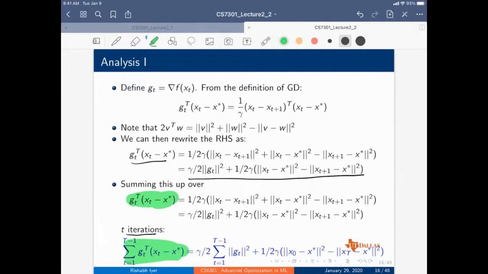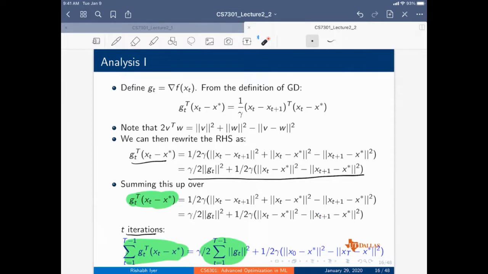It is equal to gamma by 2 times the sum of norm g_t squared, plus, now this term gets telescopically cancelled because I'm taking a sum over iterations. There is x_t minus x_{t+1}, and in the next step there is x_{t+1} and x_{t+2}, so x_{t+1} gets cancelled with the earlier x_{t+1}.